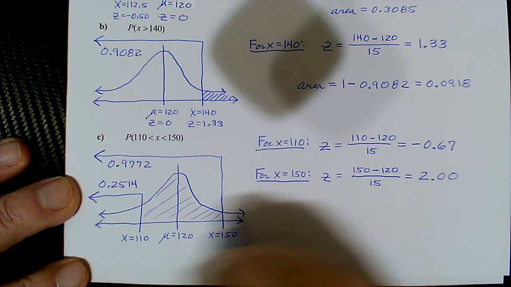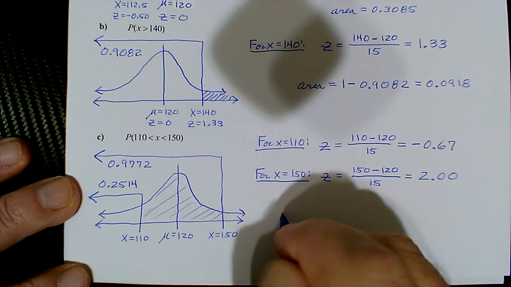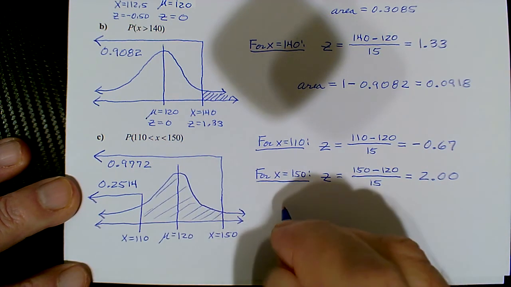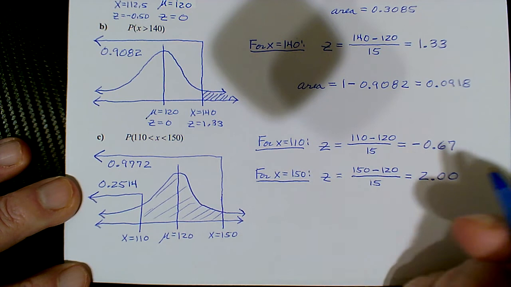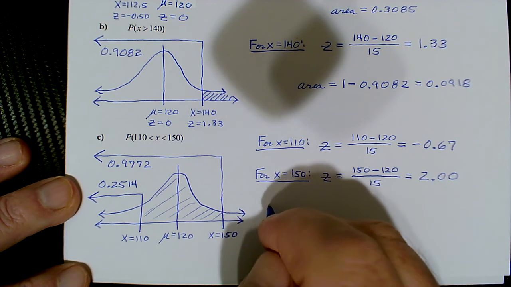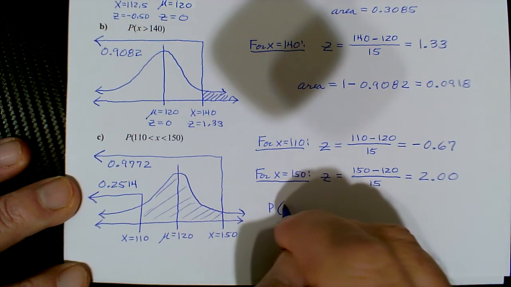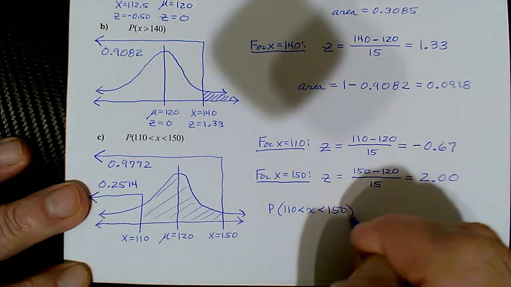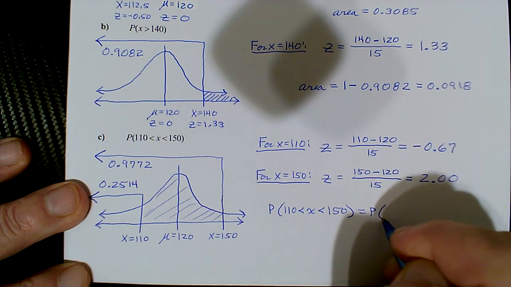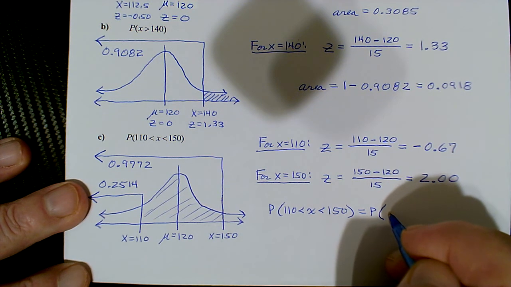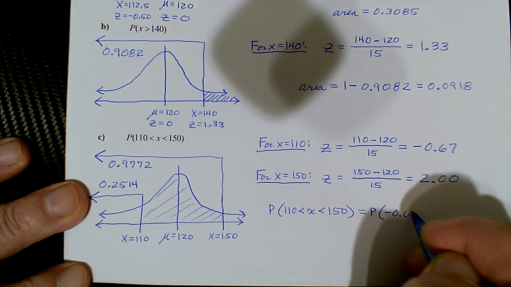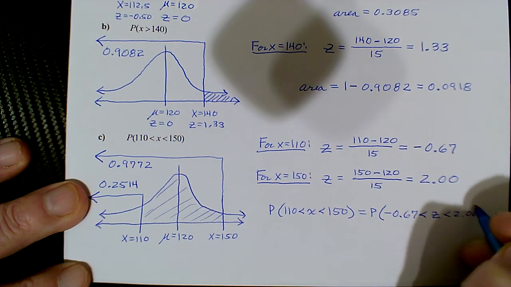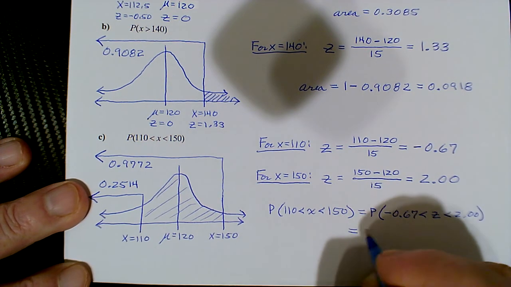And because we're looking for what's between, and again, you could write out the probability, and then in terms of z-scores, let me just do that one last time. So you could say the probability that x is between 110 and 150 is equal to the probability that z is between 0.67 and 2.00, and then that's the difference between the two.